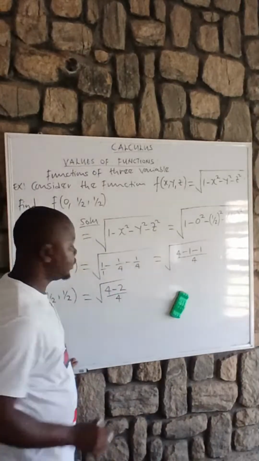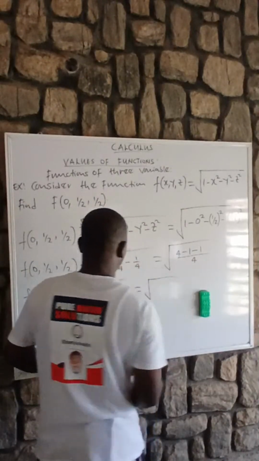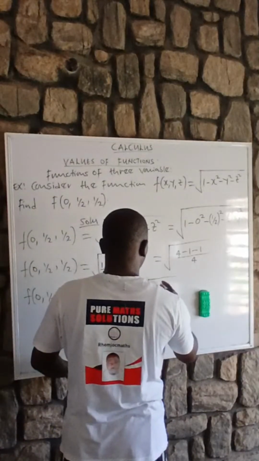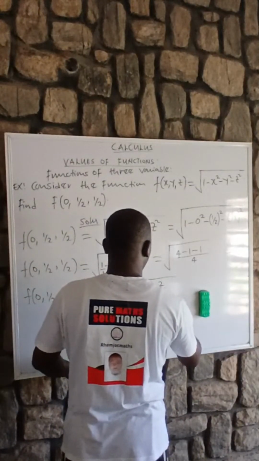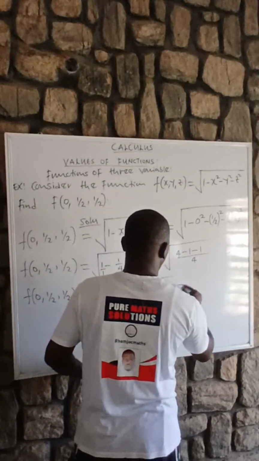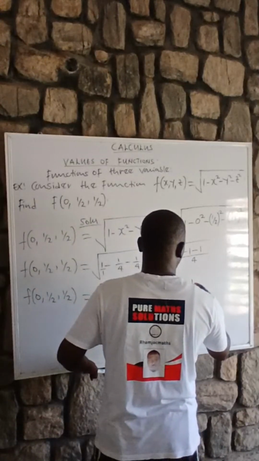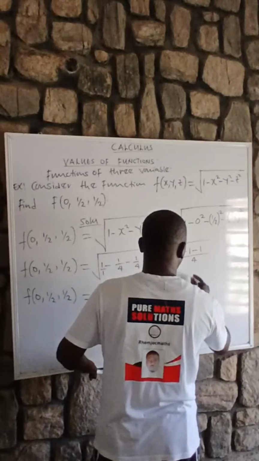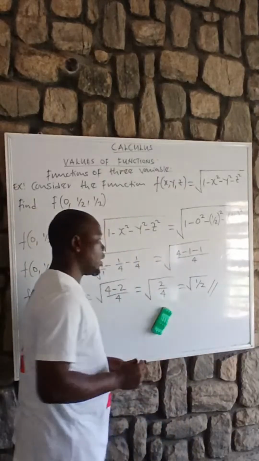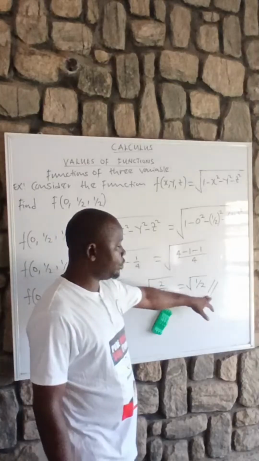Then this is equal to the square root of 4 minus 2 over 4, which is 2 over 4. 2 over 4 is the same as 1 over 2. So the answer is the square root of 1 over 2. This is the final answer, and this is where we are going to stop.